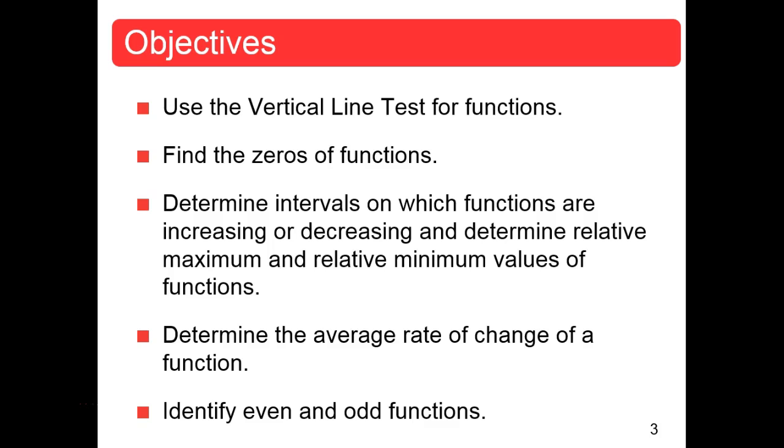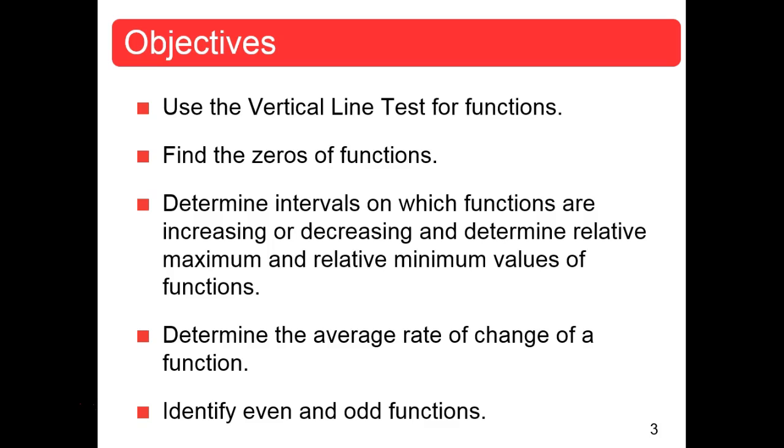So, first we're going to come up with a test for the graph of a function to see if it's a function or not. It's called the vertical line test. We will find zeros of functions. We'll define what that is. We really have already done it, but we didn't actually give that name. We'll determine intervals on which the functions are increasing or decreasing and determine relative maximum and relative minimum values of the functions.